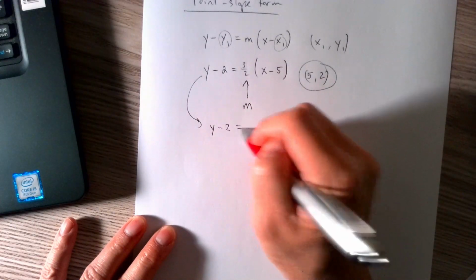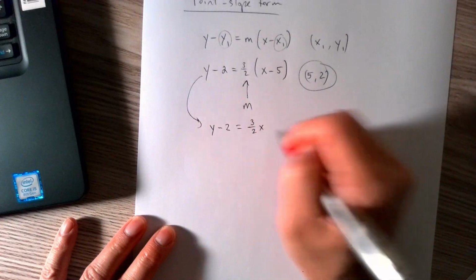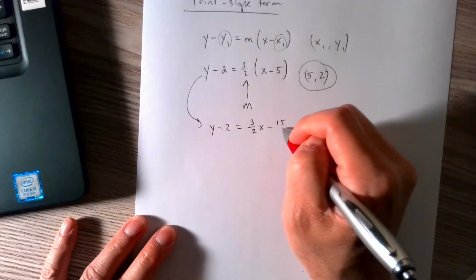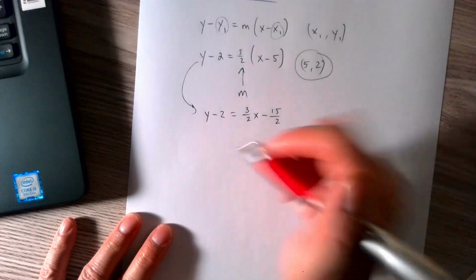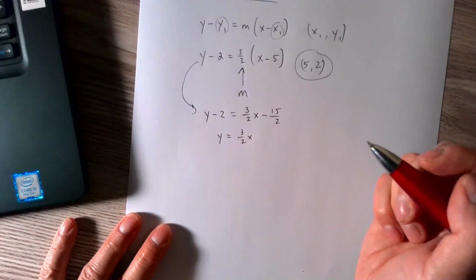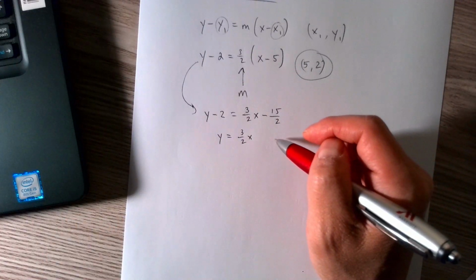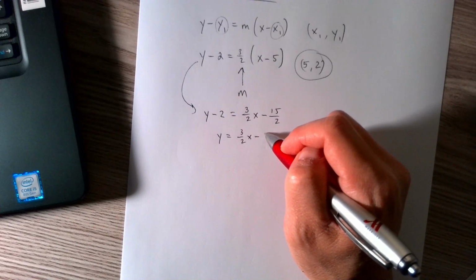I can distribute this 3/2, and then add 2 to both sides. 2 is 4/2, so that becomes negative 11/2.